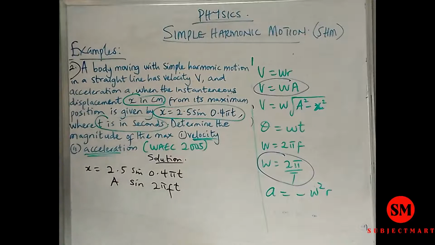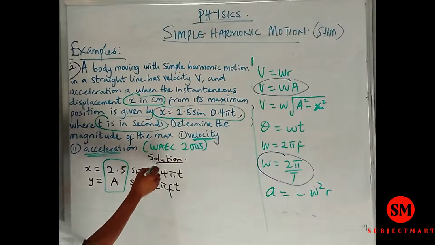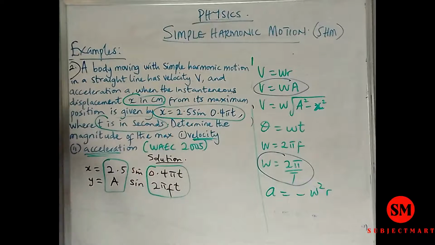By comparing these two equations, you will see that a is equal to 2.5. Our A, which is the amplitude, is given as 2.5.